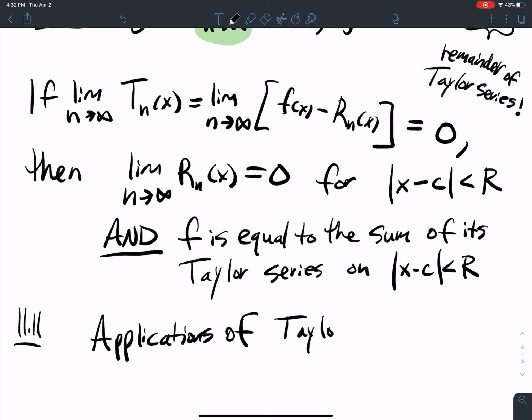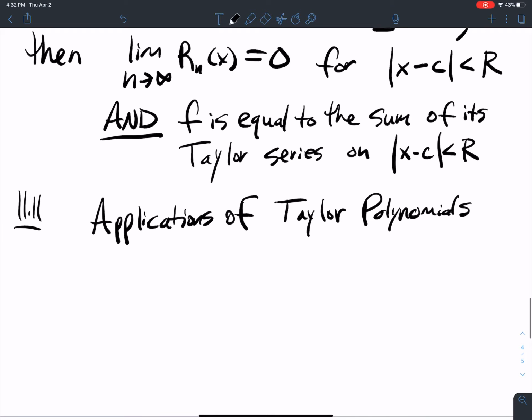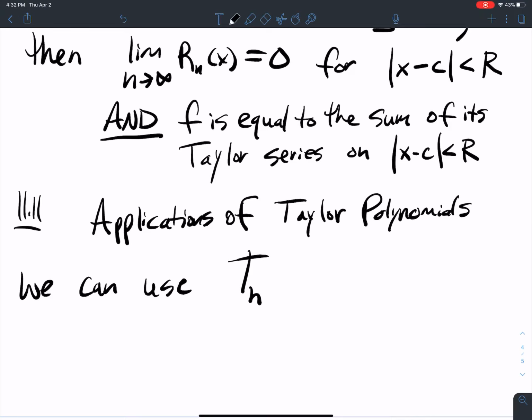All right, I'm going to say applications of Taylor polynomials. We can use the Taylor polynomial Tn of x equals the sum from k equals 0 to n. I have to use a different starting letter because I'm going to n.